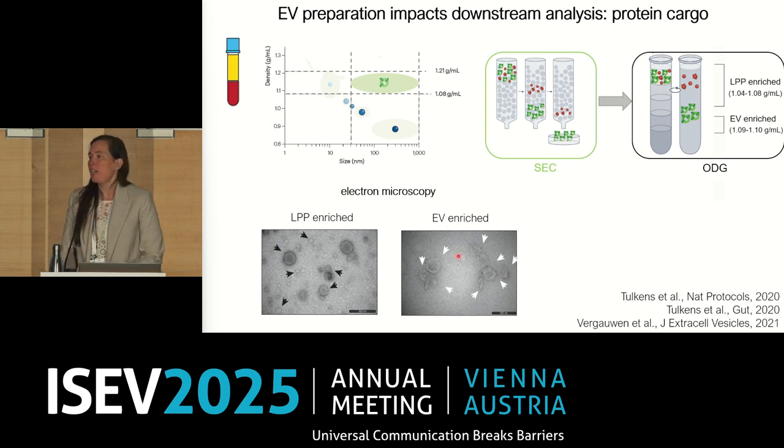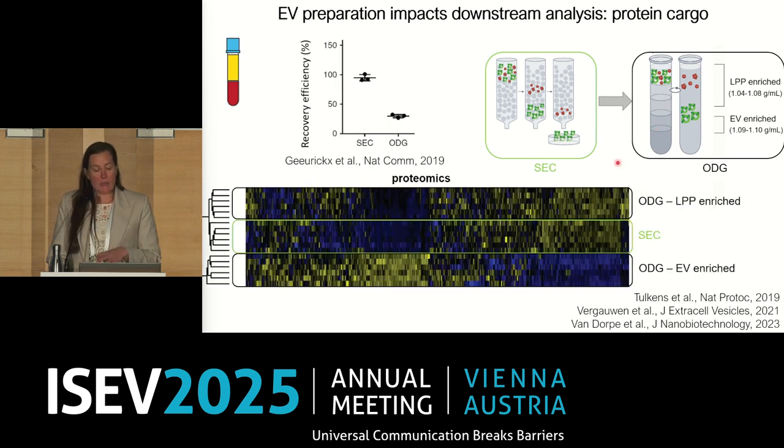But what would now happen if we do a downstream proteomic analysis to identify the protein composition of these extracellular vesicles after a size-based method only versus the combination with the density gradient? Well, again, here we observe that there is a significant difference in the protein profile that we obtained using the combination of a density gradient versus a size-based method only.